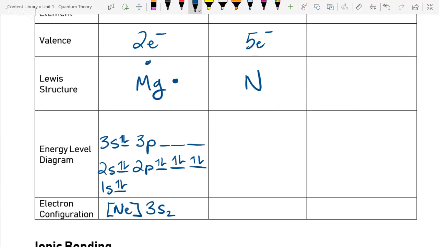It would look like N with 5 total dots on it. I like everything except I don't like the E. Ne would be neon, right? Yep. So there we go. And if we were to draw an energy level diagram for this, what's it going to look like?